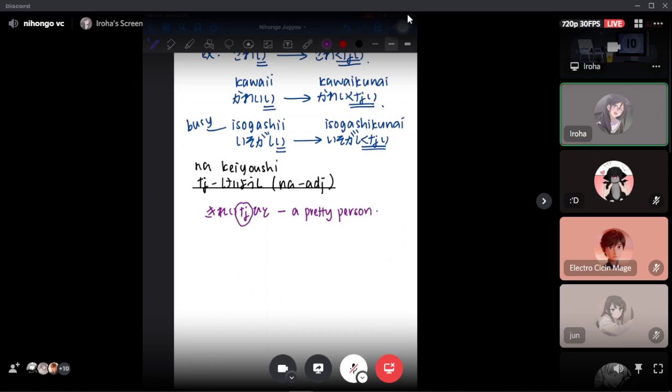And then if you use it towards the end of the sentence, for example, hito wa kirei, you have to add da. That's the informal one; the formal, masu form is the longer version.